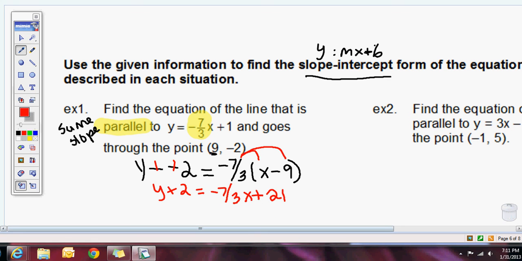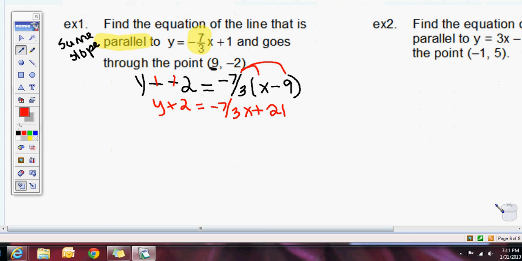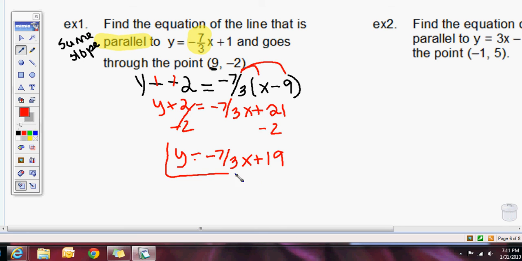We're not quite to slope-intercept form yet. We have to get this y by itself. So our next step is to subtract 2 on both sides. But remember, we can't subtract it to the x. We got to subtract it over here. You guys have been good about that. So these are gone. So we get y equals negative 7 over 3 x plus 19. And that's your answer.